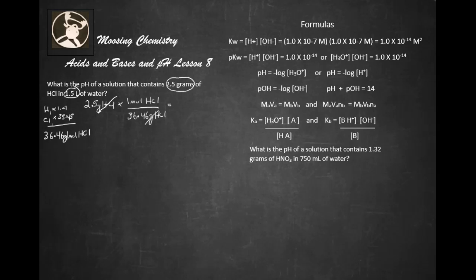It's always good to double check your numbers. 2.5 divided by 36.46. I get 0.069 moles. Yep.